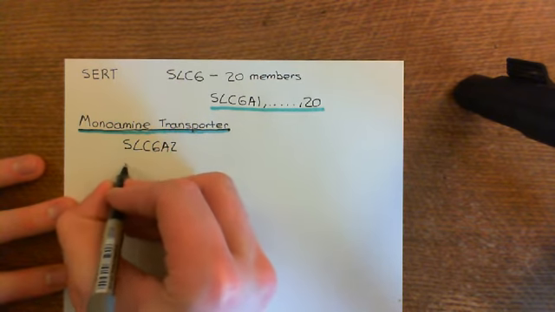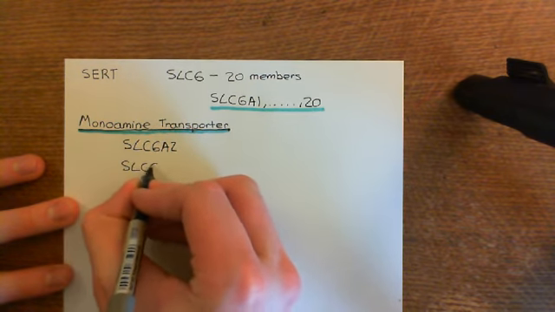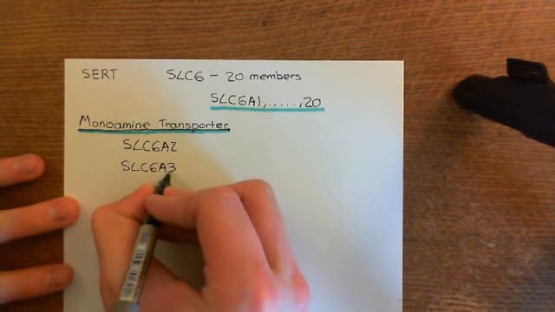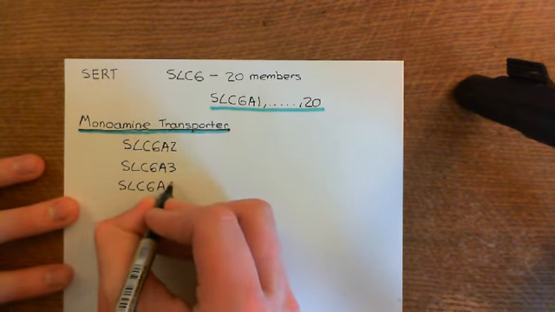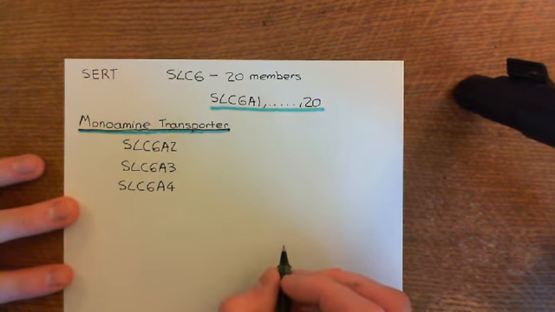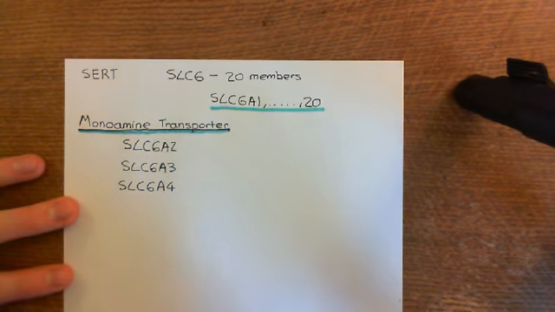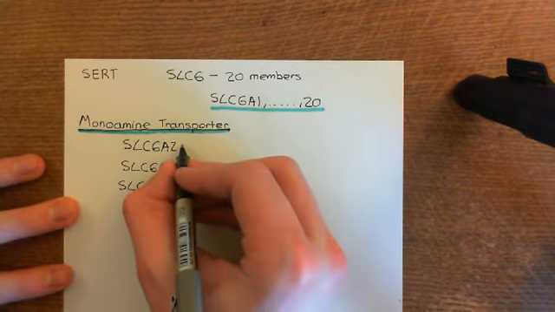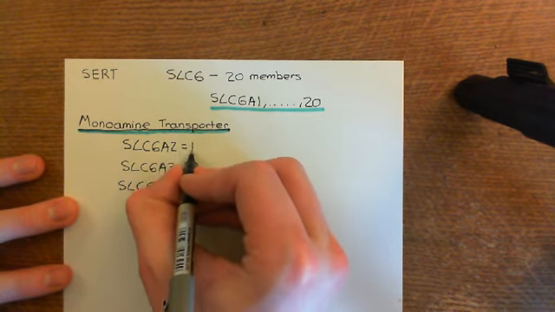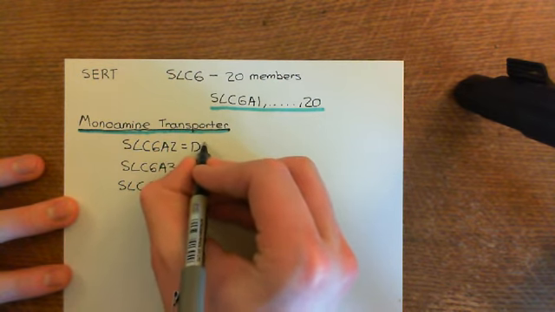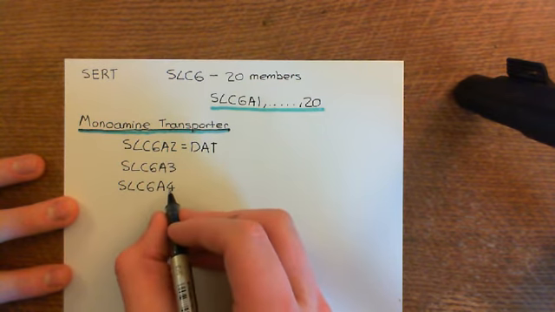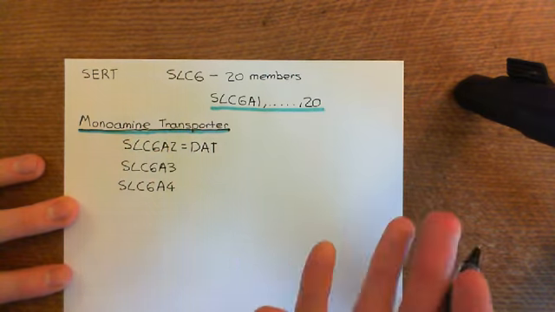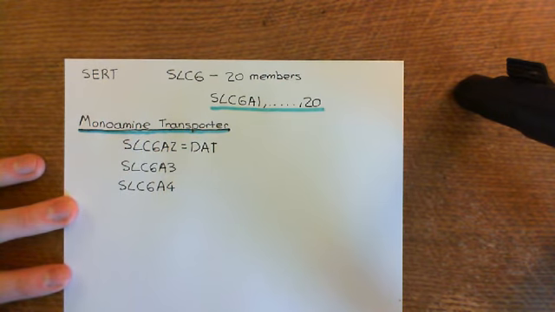So the 3 monoamine transporters are SLC6A2, SLC6A3, and SLC6A4. Those are their official names. They all have other names that are a bit more in common use. SLC6A2 is the transporter for dopamine. So it's not just a property of serotonergic neurons that you have a transporter which reuptakes the neurotransmitter that you've released.